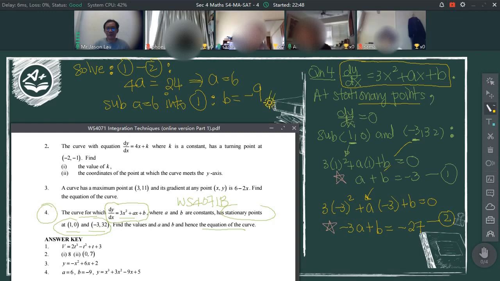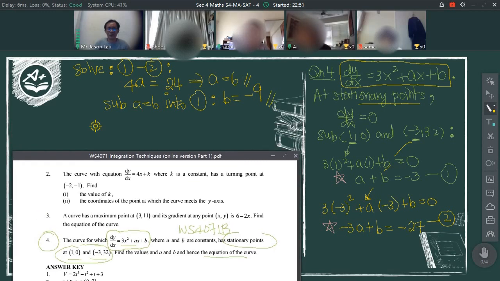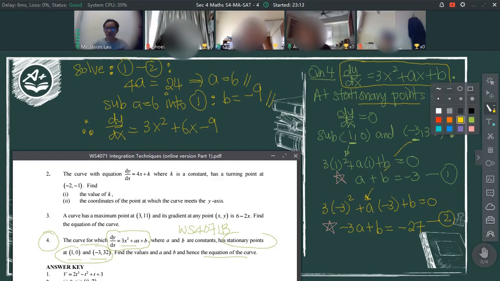So you have found your a and b, and your dy/dx equation will become this equation. Once you have this equation, your question is still asking you something. They ask you to find the equation of the curve.